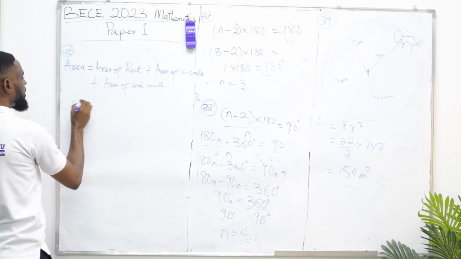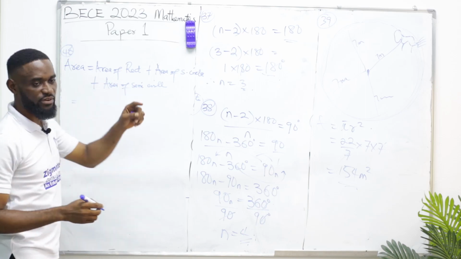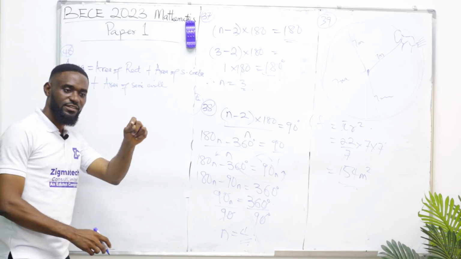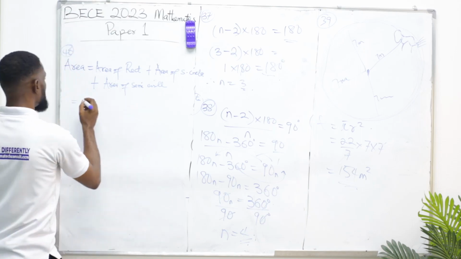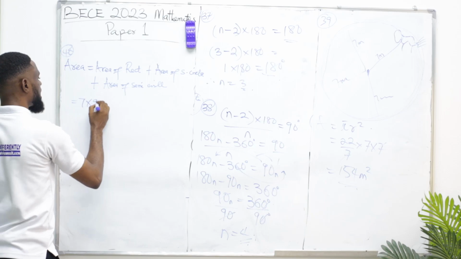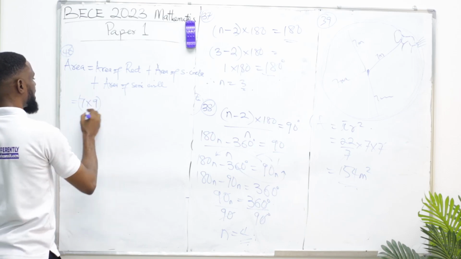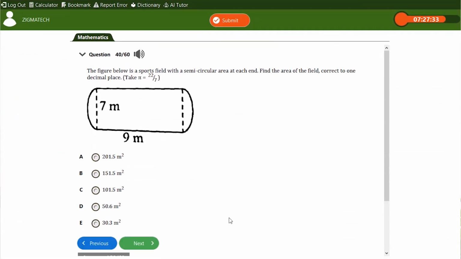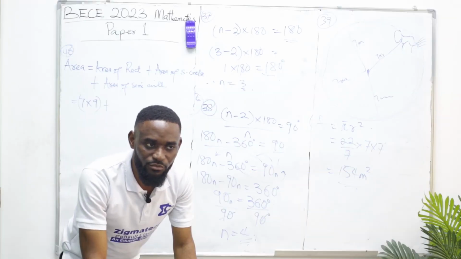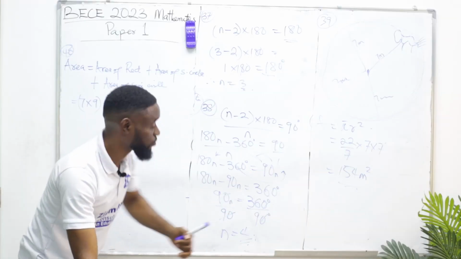So this will mean, now area of rectangle, the length and breadth is given there. So this is 7 times 9. Is that okay? All right. So area of the first semicircle, which is this side, you get the point now.